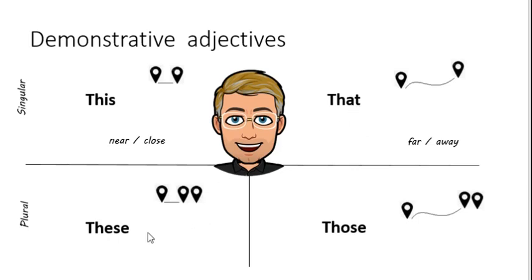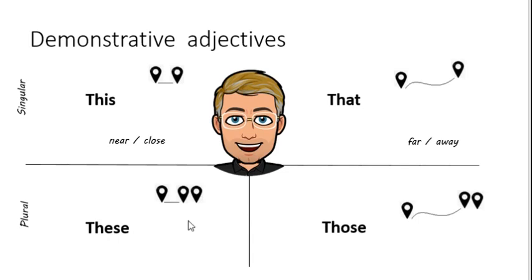Now, we use these and those if we are talking about two, three, four people, or objects. So these are plural adjectives.